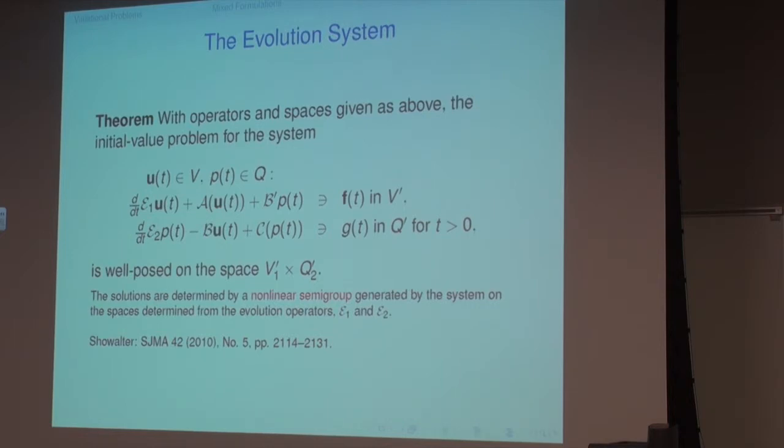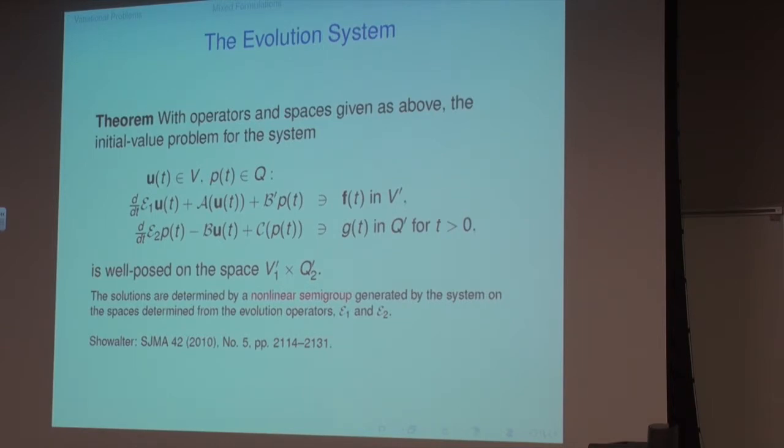The important thing here is that there's nowhere in this thing that requires E1 and E2 to be anything except non-negative. Either or both could be identically zero. Either one can be non-zero. So I could have a time derivative in the top equation, a time derivative in the bottom equation, or time derivatives in both, or time derivatives in neither.